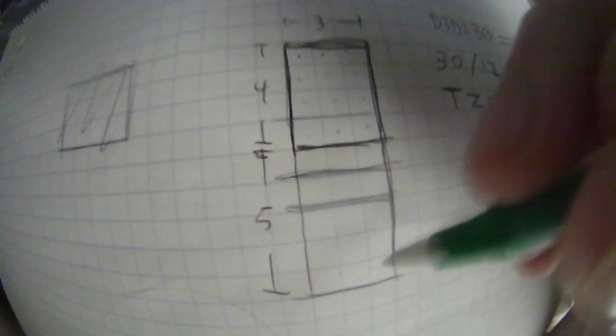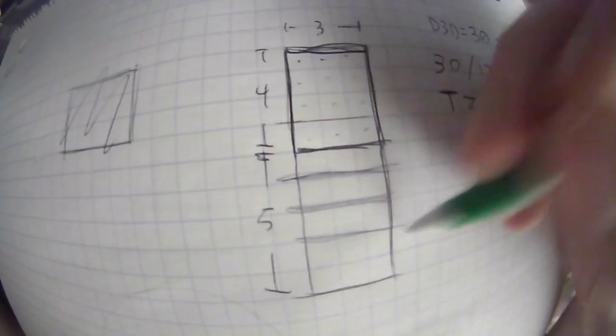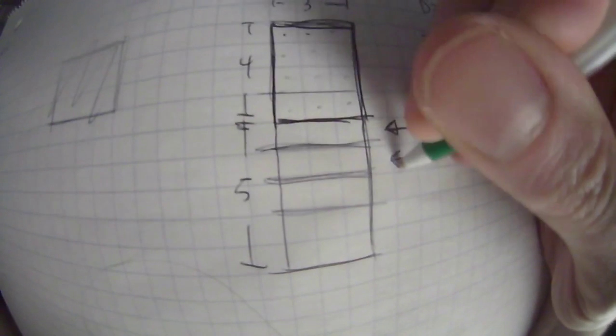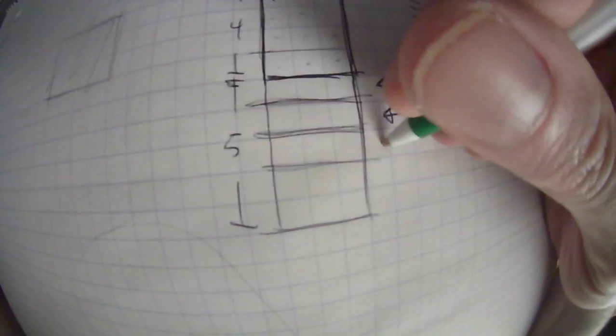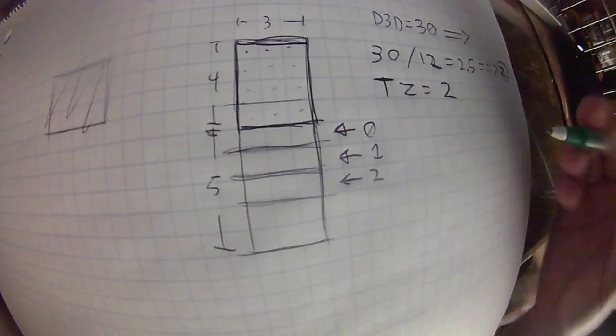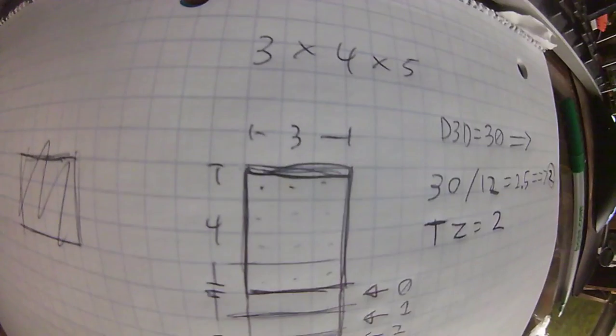Okay? So that means over here, we're not on this cross-section, we're not on this cross-section, but we are on this cross-section here, because this is cross-section 0, this is cross-section 1, and this is cross-section 2. Instead of thinking of it as cross-sections, you could think of it as the z value. So let's highlight the cross-section area.